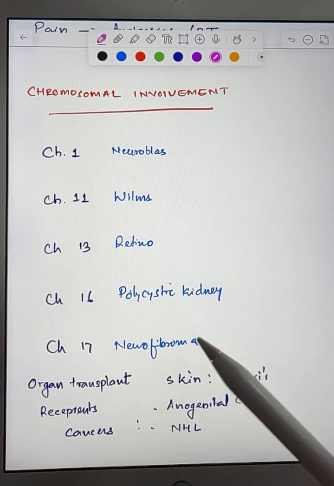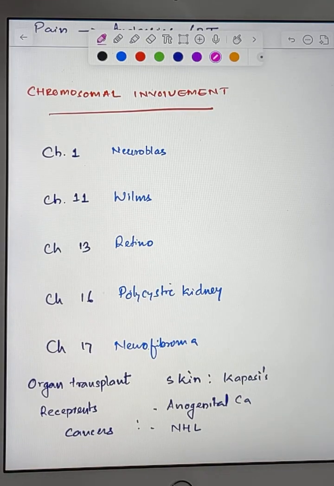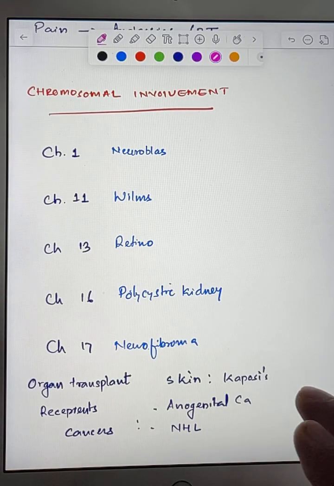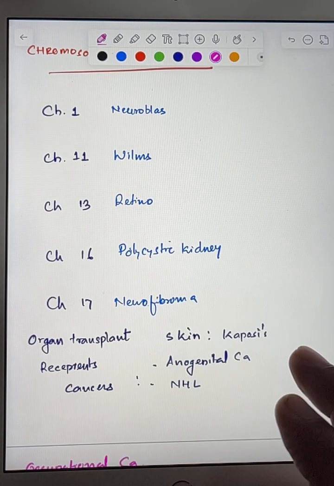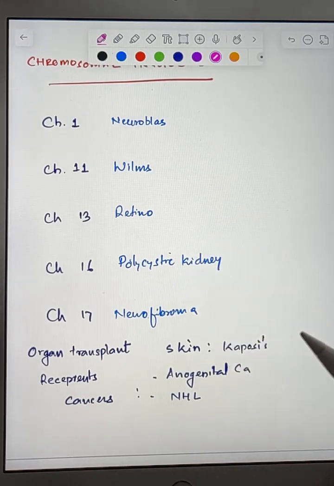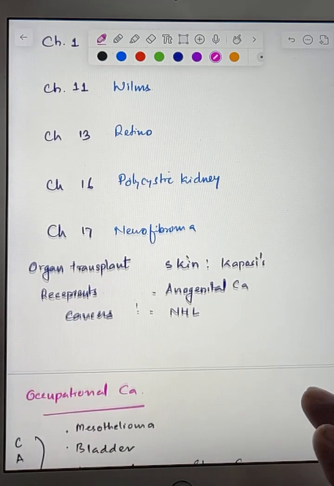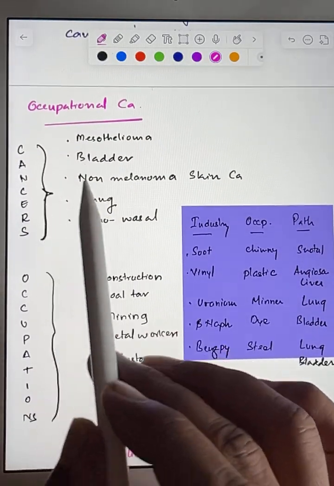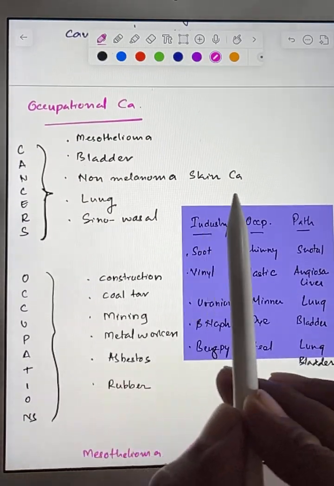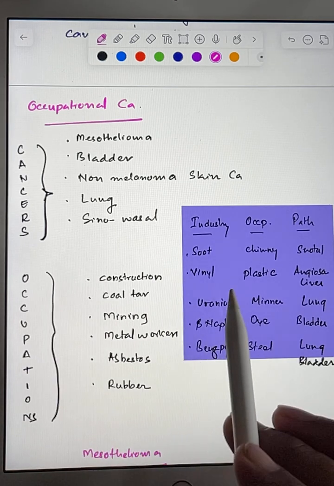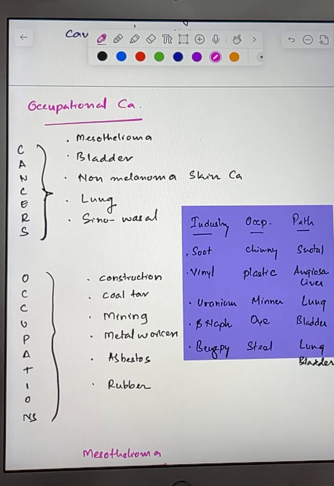Chromosome 13, retinoblastoma; polycystic kidney; neurofibroma and neuroblastoma. Organ transplant, skin cancers. Occupational cancers: mesothelioma, bladder, non-melanoma skin, lungs; occupations include construction work, industry, chimney sweeps.